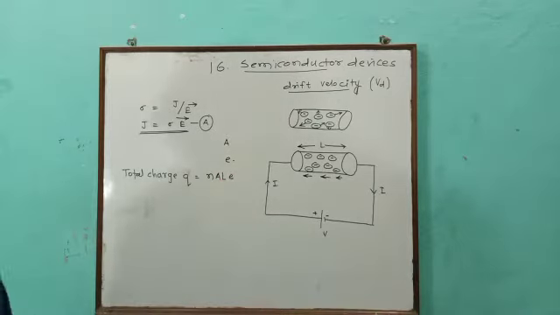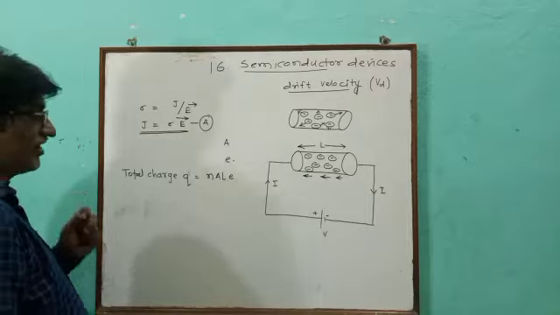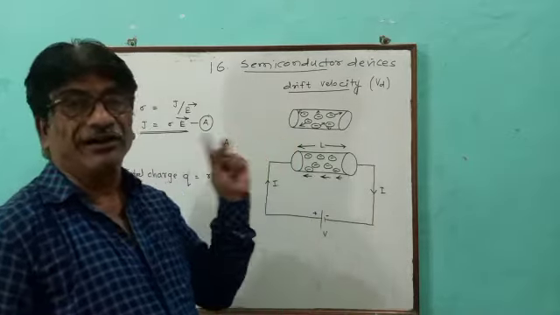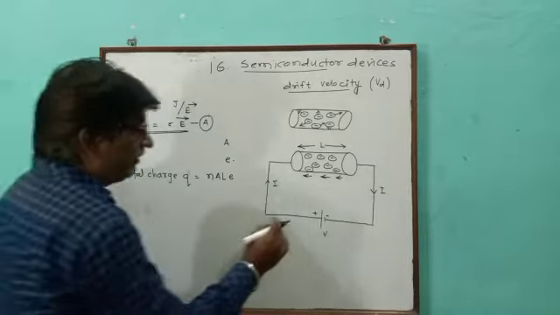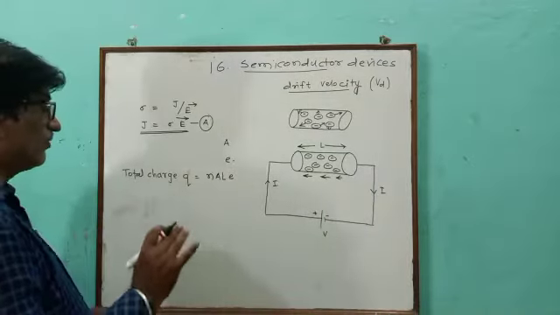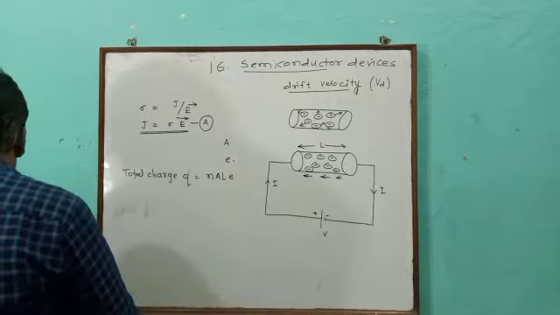That is the total charge which flows inside the conductor when we apply potential, so current flows that way.